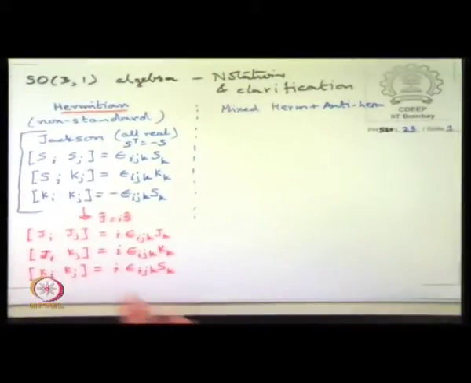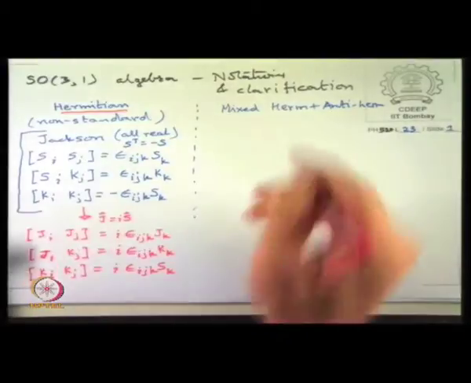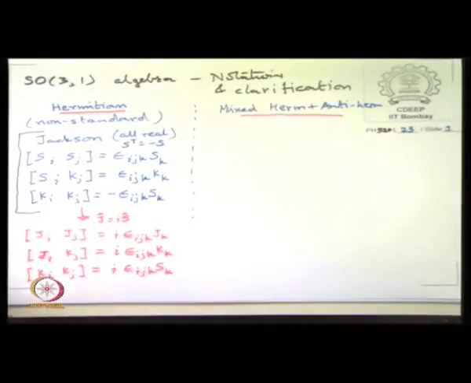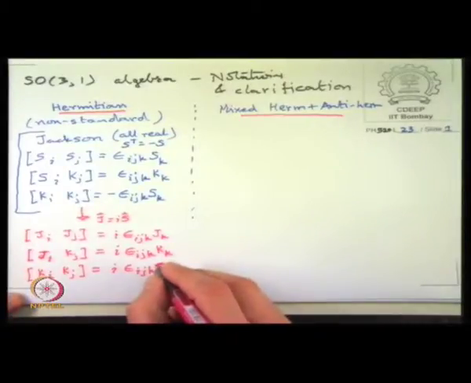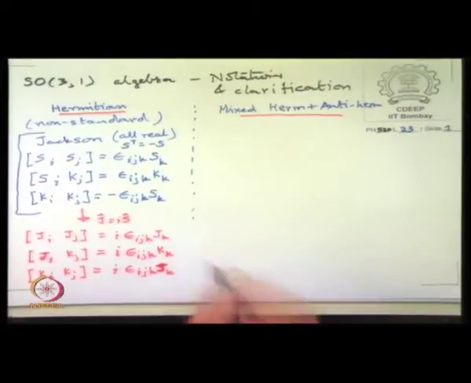Now if I did this, I got into trouble. After this, if I do J plus iK, J minus iK, it doesn't work. But the thing that does work is the mixed Hermitian and anti-Hermitian formalism followed in quantum field theory literature. Oh, I have to write J. In the mixed Hermitian anti-Hermitian formalism, K's are actually anti-Hermitian.